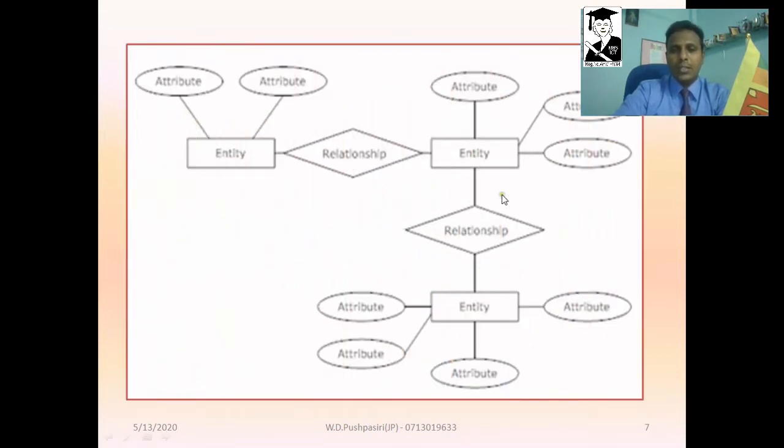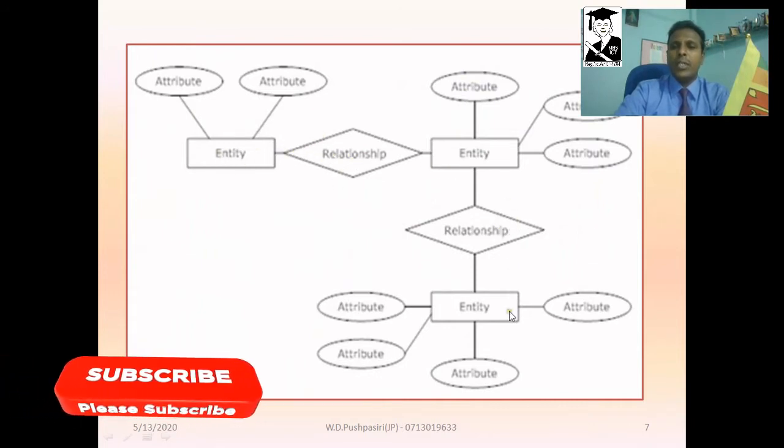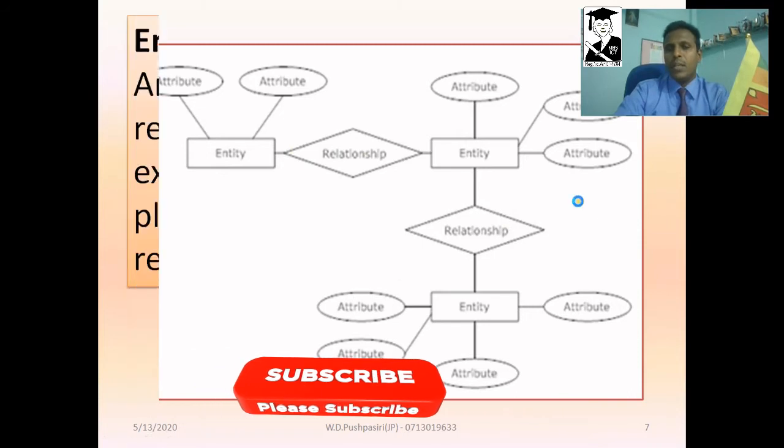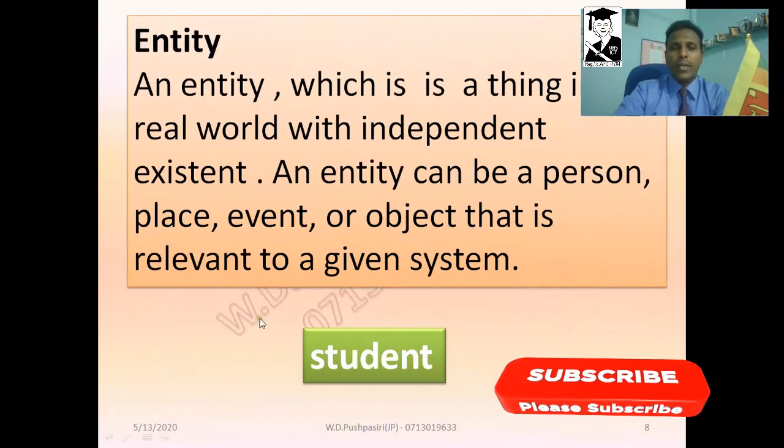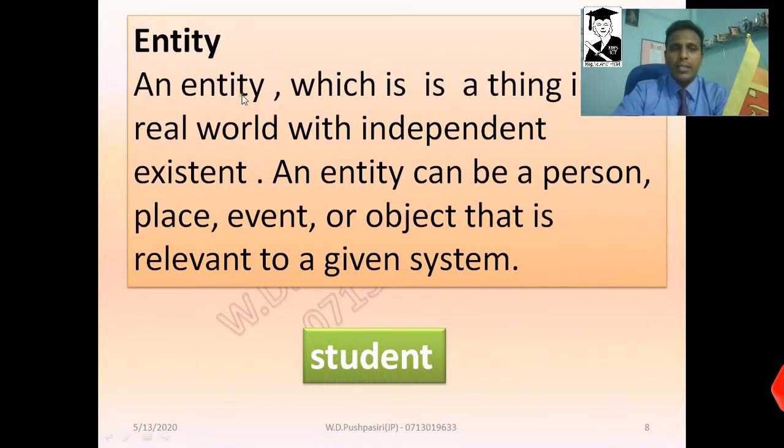Now this is just the overall view of the ER diagram and how it relates to each entity. An entity is something in the real world that exists independently. If there is an object in the system that can be recognized or identified independently from others, that is an entity.